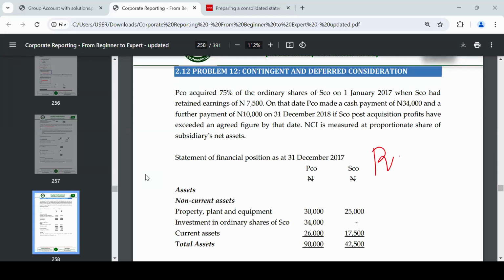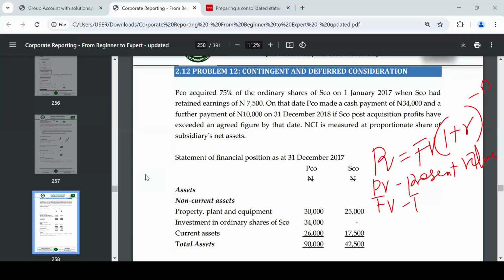Present value equals the future value, open bracket, 1 plus r raised to the power of n, where your PV is present value, FV is future value, R is going to be the discounting rate.